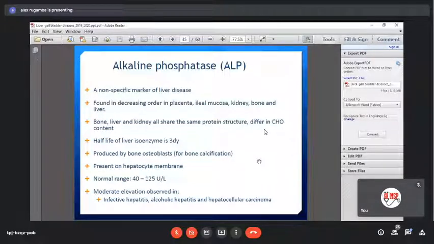So this is the moderate elevation. If it is beyond normal, for example 150, you may think that maybe there is infection, maybe there is alcohol abuse, or maybe there is a cancer.